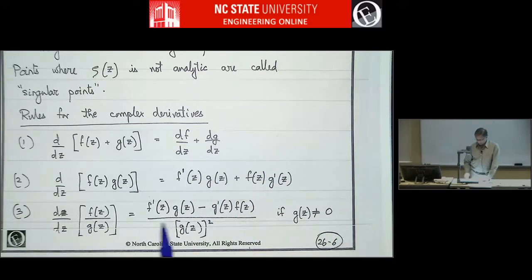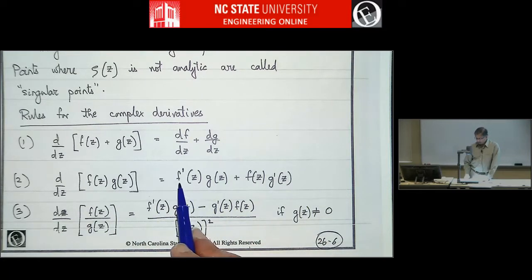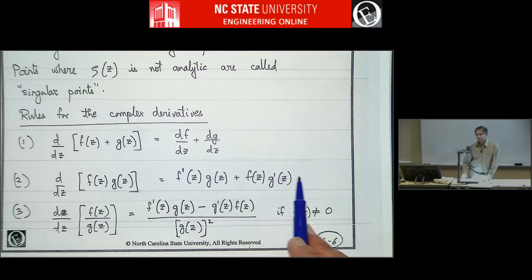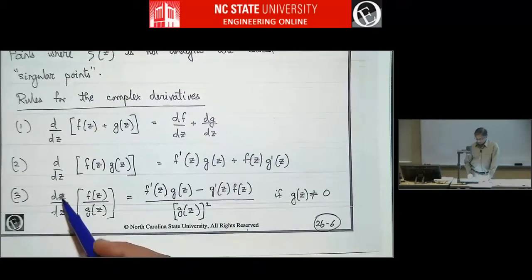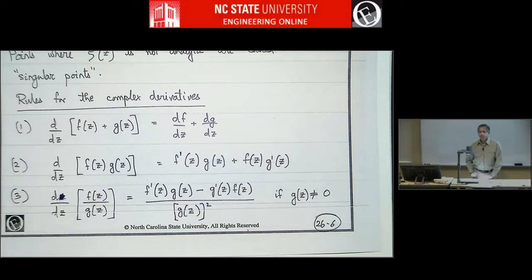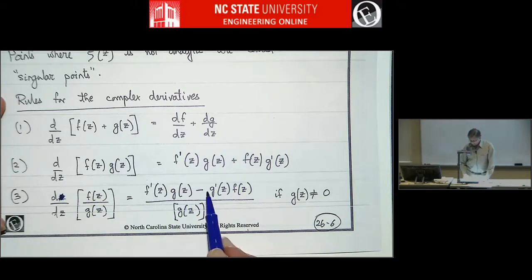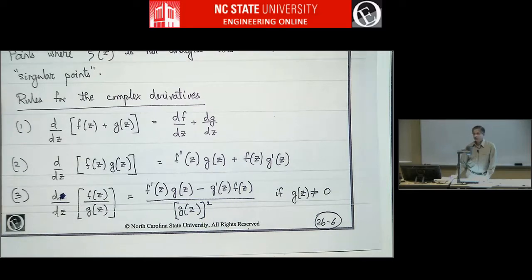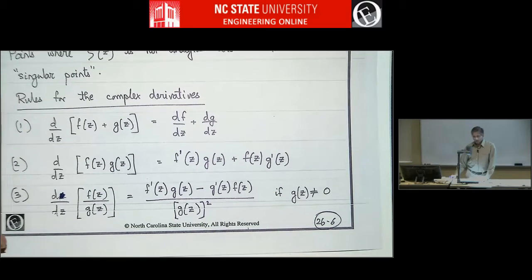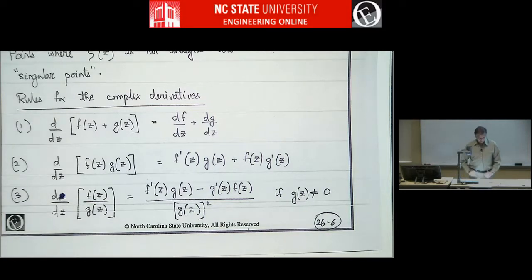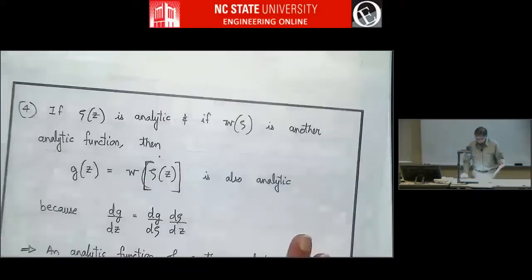Straightforward stuff. d over dz of f times g, just like a real function, is f prime g plus f times g prime. And d over dz of f divided by g is f prime g minus g prime f over g squared, as long as g of z is not equal to 0. This is just like real functions.